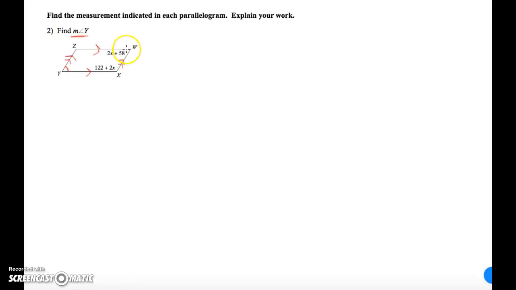These angles here, angles W and X, form same side interior angles, so they are supplementary to each other. So we know that 2x plus 58 plus 122 plus 2x must equal 180 degrees because they're same side interior angles.